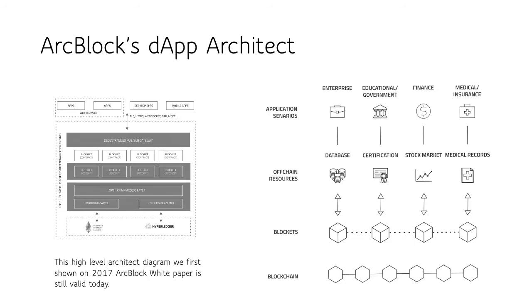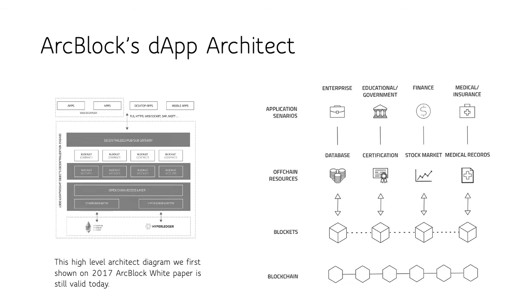ArcBlock not only works for simple applications, it works well for complex ones too. If you have a big and complex idea, you can break it down into different pieces. Each of them can be built as a separate blocklet, and those blocklets work together to form the complete application. If your application is going to have a lot of users, the blocklets can be distributed among many ABT nodes.